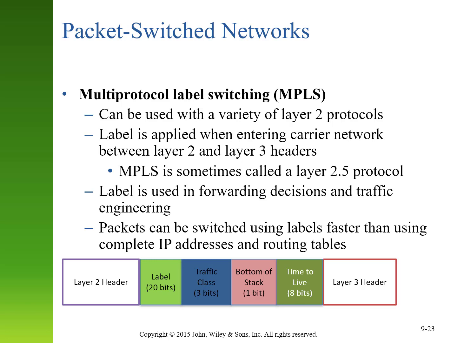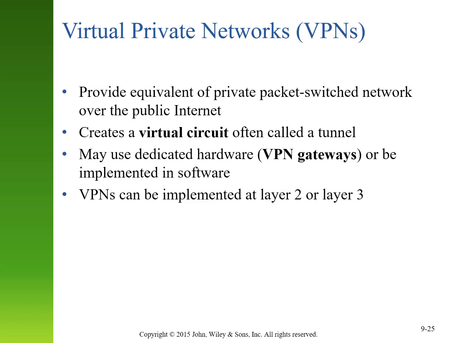So adding some additional information between layer 2 and layer 3 allows packets to be switched faster than using a routing protocol using IP addresses, but still using something that's slightly more robust than Ethernet. This is an interesting solution, and only time will tell whether this becomes more or less popular than moving to Ethernet.